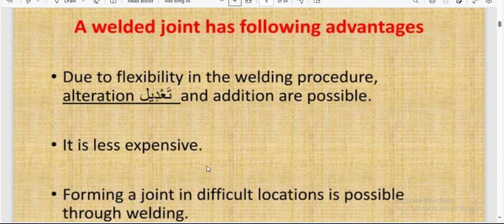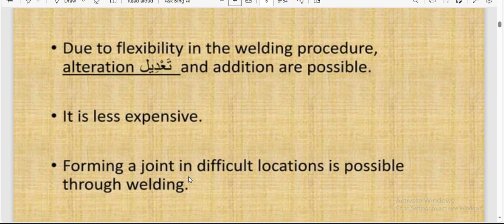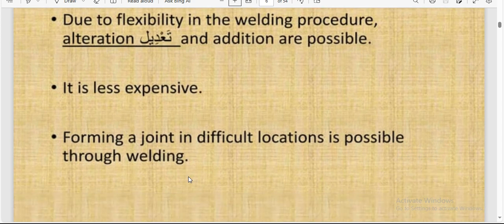It is also less expensive. Forming a joint in a difficult location is possible through welding; we can join base metals at any place, even underground or underwater. Also, we can join failed parts.